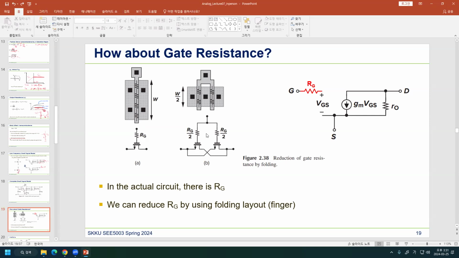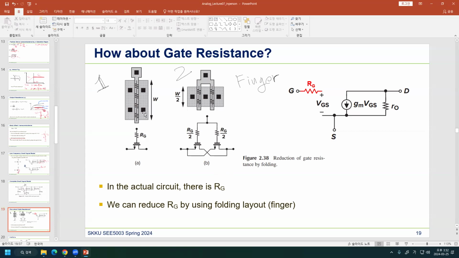For example, here they're different because they use different fingers. This one is finger one, and this is finger two. So that's what we have to choose, and depending on the finger, we have different circuit performance. So drawing layout is also a very important part of analog circuit design.